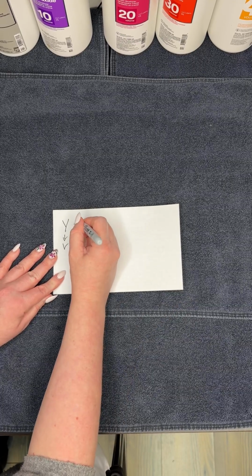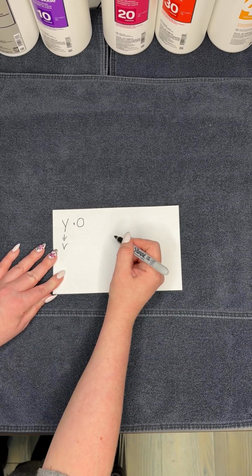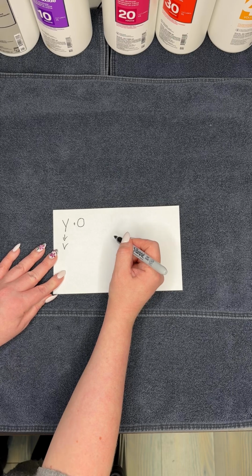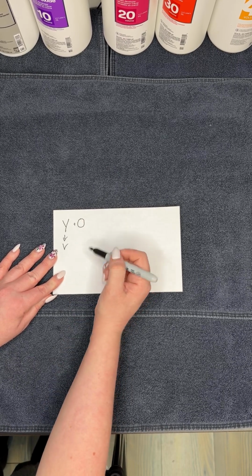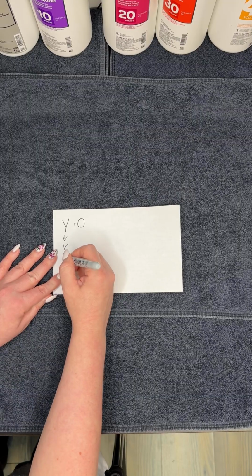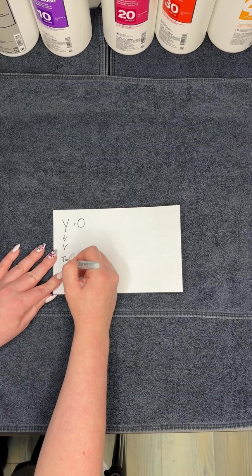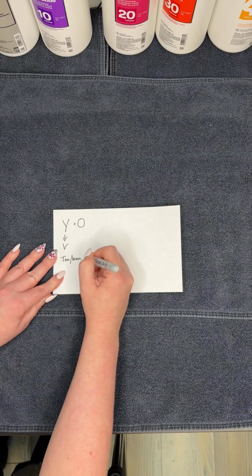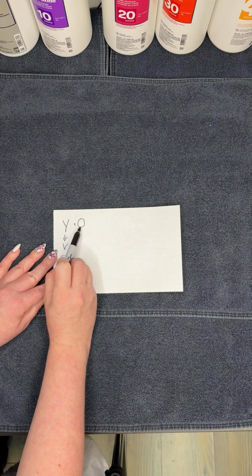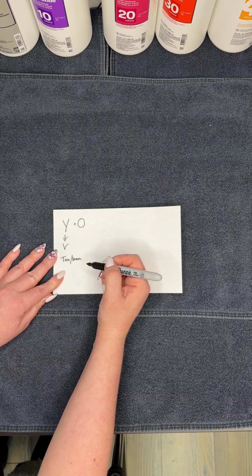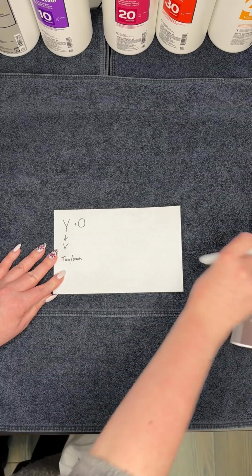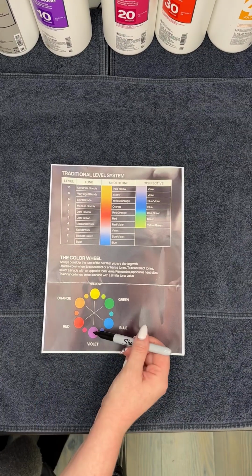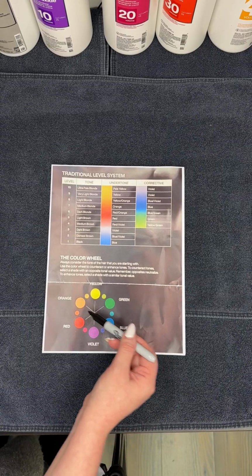But there's this other color that we didn't see, or just misjudged or miscalculated. So if we neutralize the yellow, we're going to end up with a tan to brown color. But what you're going to see is that there's going to be orange left, because the violet didn't do anything to the orange, because that's not the color that cancels out orange. Violet cancels out yellow, and blue cancels out orange.